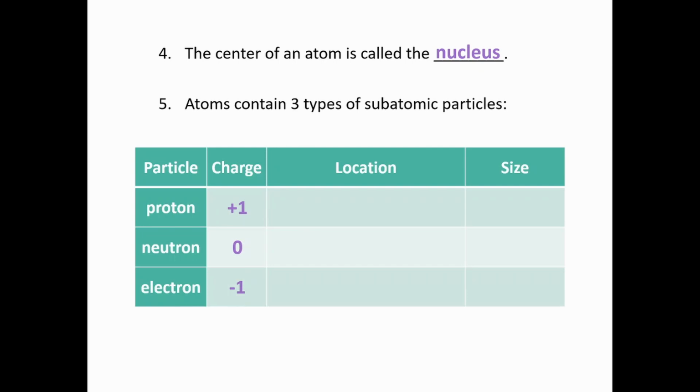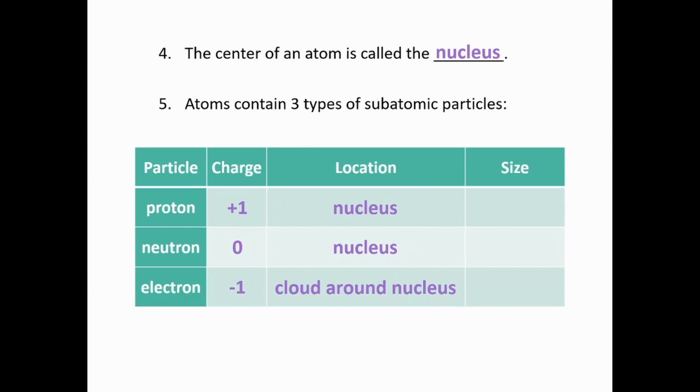So we have protons with a positive charge, neutrons with no charge, and electrons with a negative charge, which if you have one of each of these, that gives you net 0, right? The neutron doesn't do anything, and the proton and electron charges cancel out. We find the proton inside the nucleus, as well as the neutron, but the electron does not hang out in the nucleus.